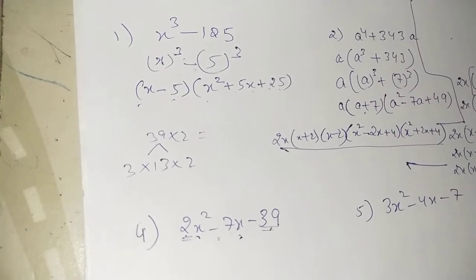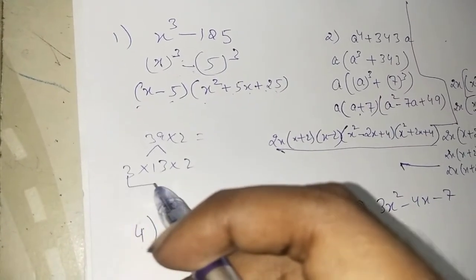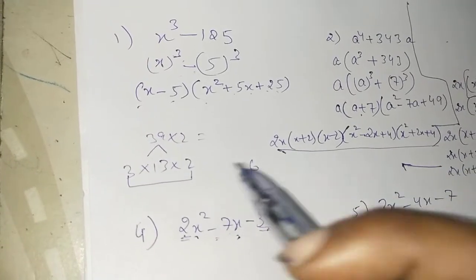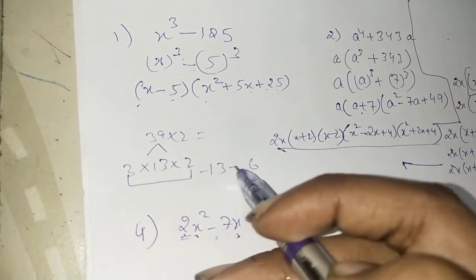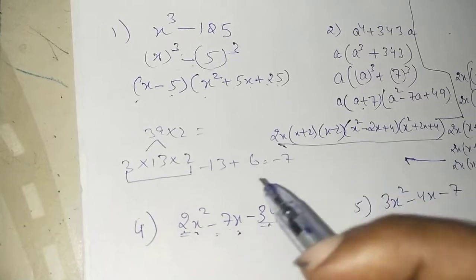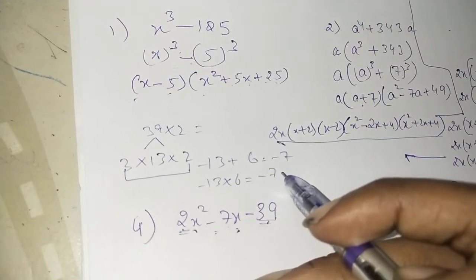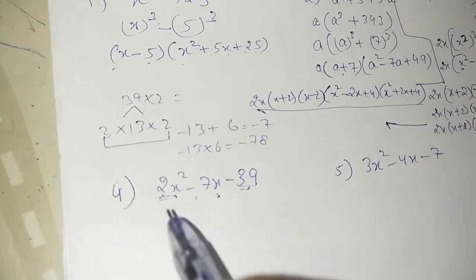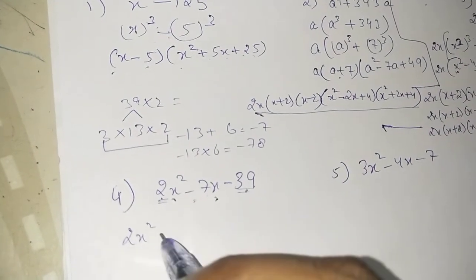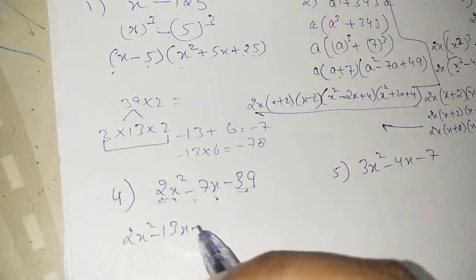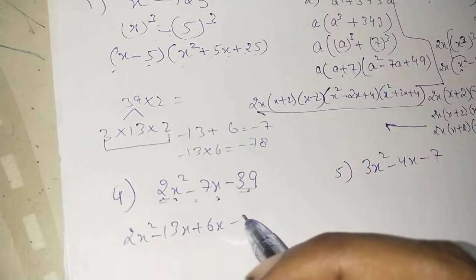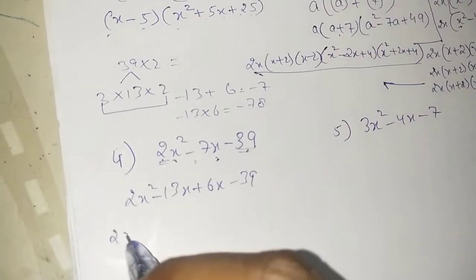So if we take 2 into 3, 6 and 13, so minus 13 plus 6, yes, it will give minus 7, and minus 13 into plus 6 will give us minus 78, and yes, that is what we need.